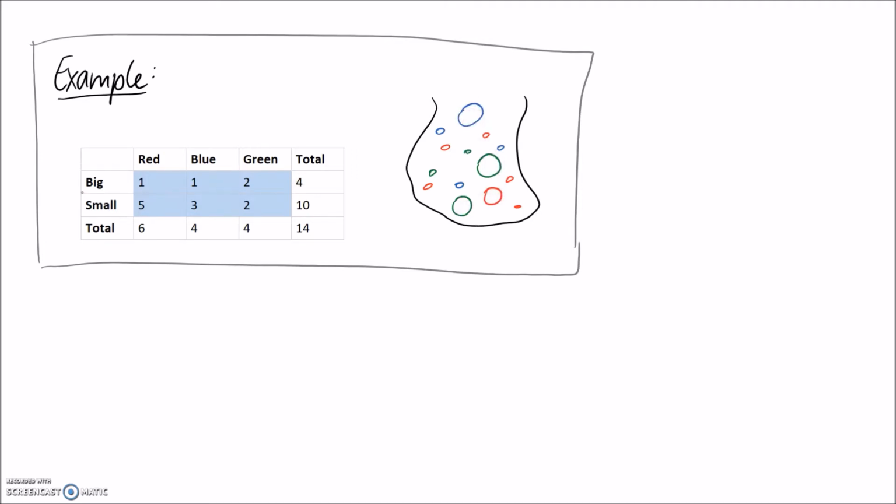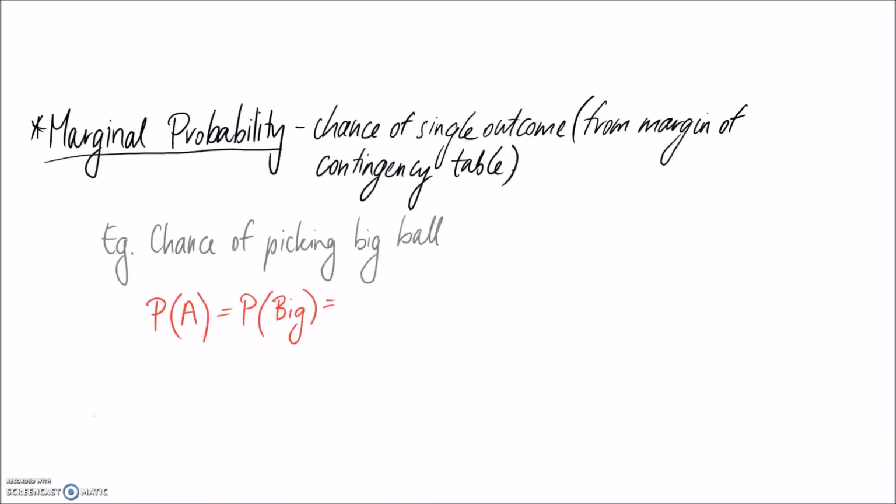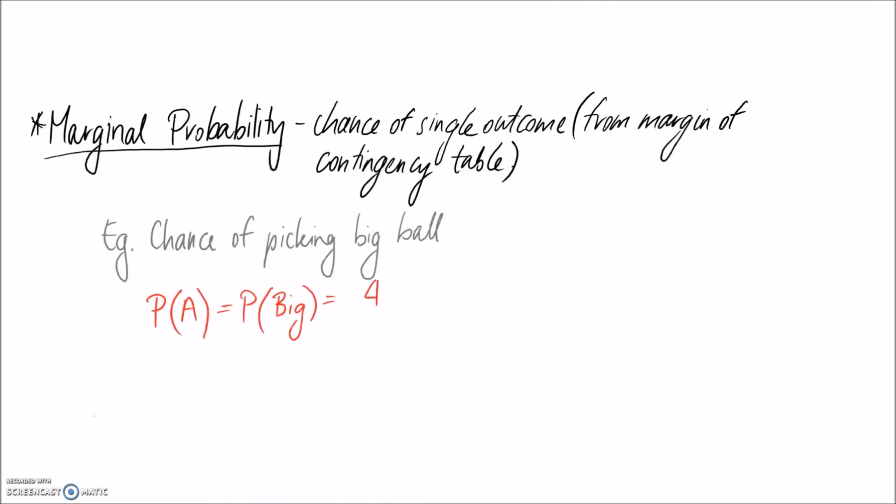So the chance of picking a big ball is 4 divided by the total number of balls we have to pick from, which is 14. We can write this as 4 divided by 14, and if you want, you can make that into a decimal. 0.286 is what you get from a calculator.